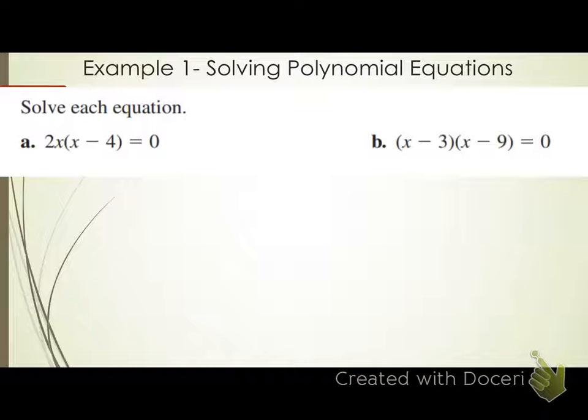Do they equal 0? Yes. So I can use my zero product property here. So what must equal 0? 2x. So here's what I'm going to do. I'm going to set 2x equal to 0. What else might equal 0? Not x. Not negative 4. Put those two things together. What's in parentheses? X minus 4.